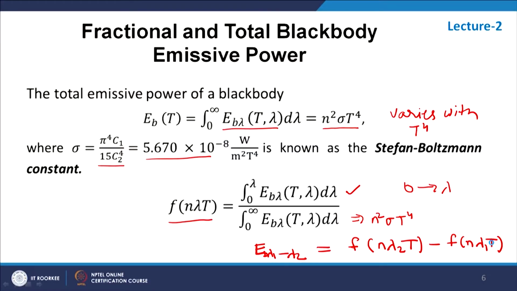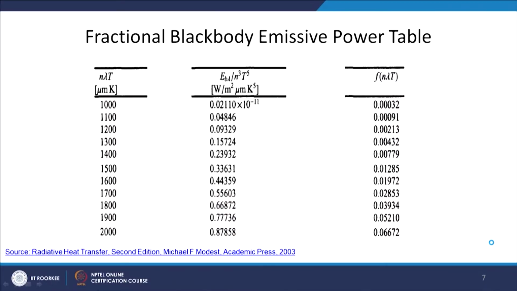So, we do not need to calculate these integrals again and again, these have been calculated by researchers. There is a small simple program available, one can use that and tabulate these values in tabular form. So, for example, this particular table taken from the book by Michael Modest gives you the fractional black body emissive power as well as the spectral emissive power. The first column gives the value of n lambda T in micron Kelvin.